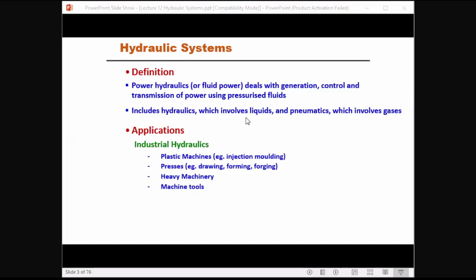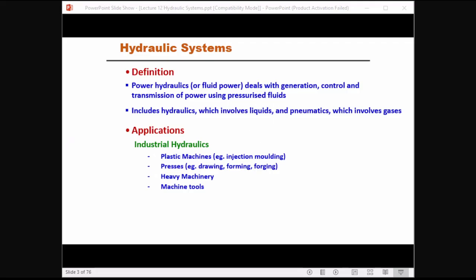These include hydraulics, which involves liquid, and pneumatics, which involves gas. In a hydraulic system, we can categorize like this: liquid as hydraulic oil. Pneumatic means air, and some gases we can use for the system. Under the liquid part, we consider oil as hydraulic oil.